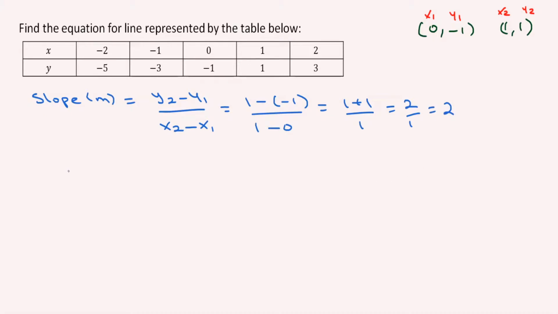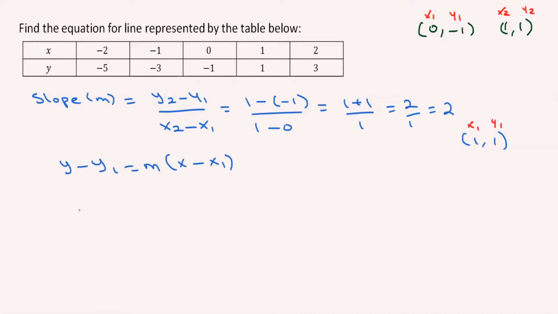The next thing we're going to do is pick a point, and use that point to find the equation of the line. So I have y minus y1 equal to m, which is our slope, times x minus x1. I'm just going to pick the point 1, 1 as my point. You can actually pick 0, negative 1 if you desire, but I'm just going to use 1, 1. Let's label the point: x1, y1.